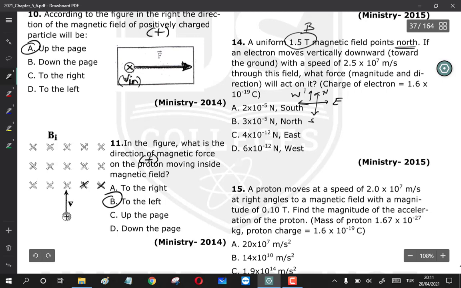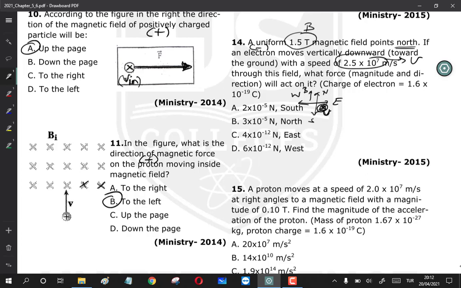The electron, a negative charge, moves vertically downward, towards the ground, so into the page we will draw it like this. Velocity V is going to be cross, with a speed of 2.5 times 10 to the power of 7 meters per second. What force, magnitude and direction, will act on it? The charge of the electron is also given.